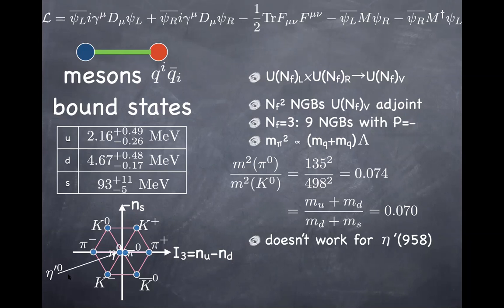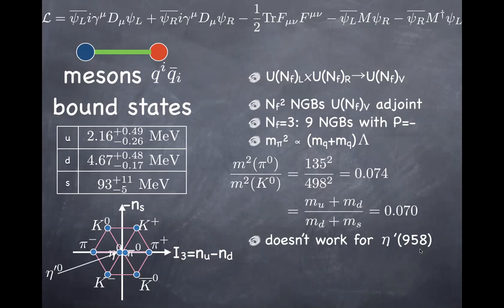And eta prime meson, there is actually a particle which is pseudoscalar, with the correct quantum numbers, but it weighs as heavy as 958 MeV. And this is actually heavier even compared to proton and neutron. So it is very difficult to swallow this idea that this particle is a Goldstone boson.